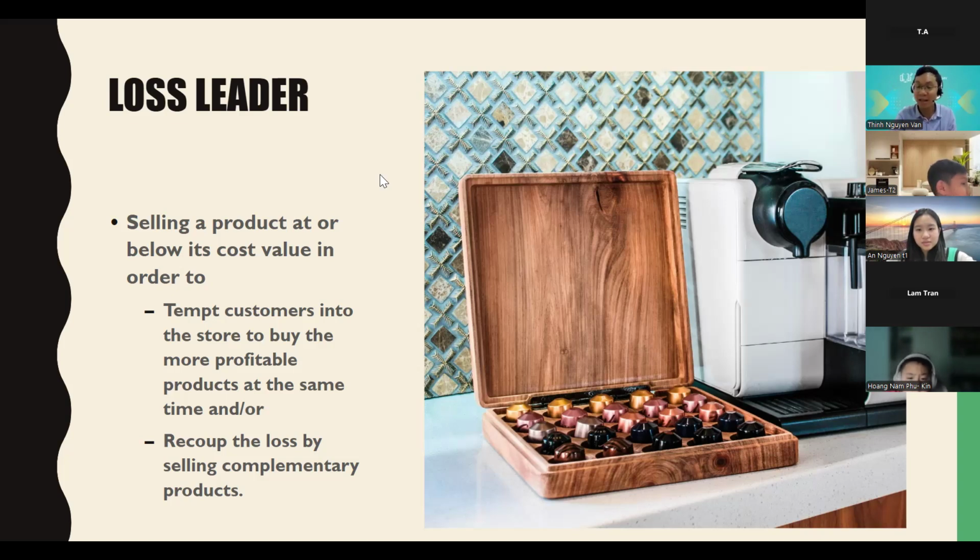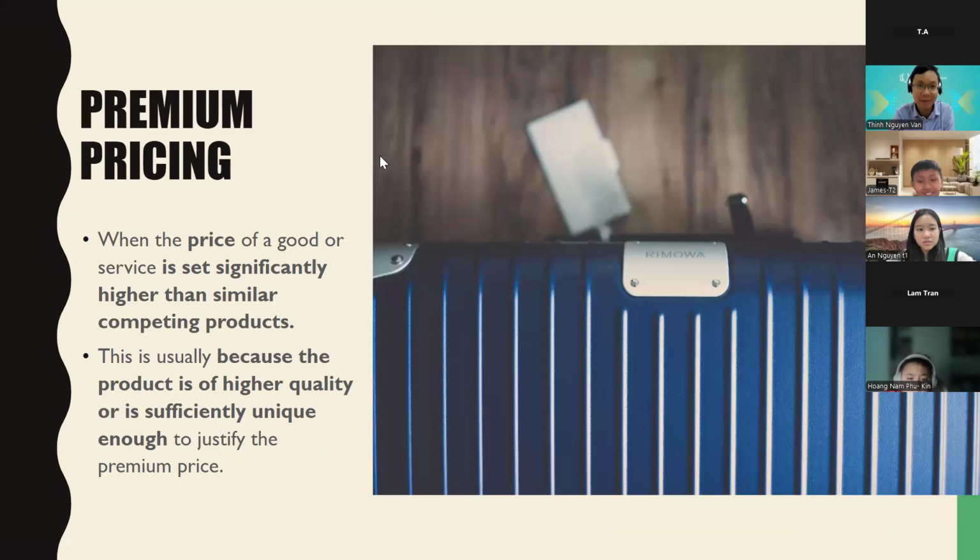Now, the next strategy for price is to set your price higher than your competitor, or maybe higher than the quality of your product. Why do we need to do that? Let's say, which one is the most expensive milk tea brand in your city?